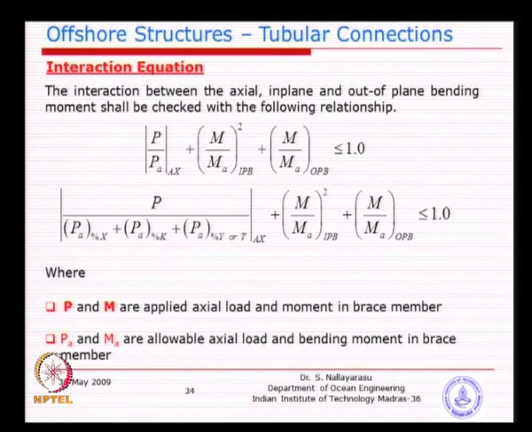So, slowly you have to grasp these ideas so that we can do the simple problems. The basic idea is we should know how to calculate the P allowable, we should know how to calculate the M allowable, and classification. So, if you know the three things, we can come back and check the combined effect should be less than 1. Suppose you do not have moment, no issues, P divided by PA should be less than 1.